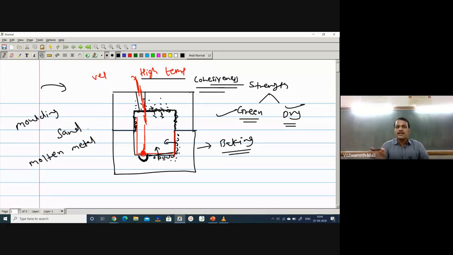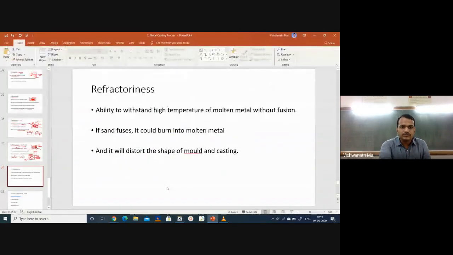It should not get fused, it should not melt with that molding sand. Then it is called refractoriness. So you can see here, ability to withstand high temperature of molten metal without fusion. It should not get fused with the molding sand. These are the properties.